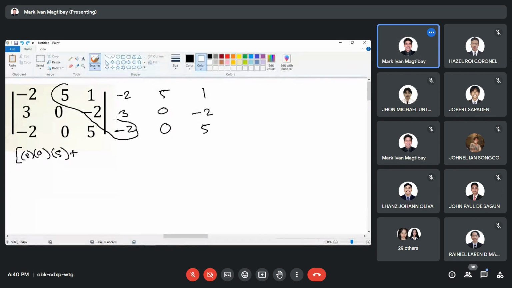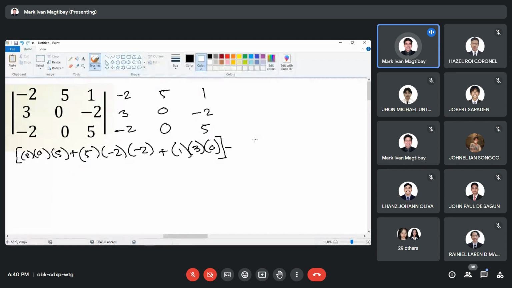Ayan, dito. Ayan. 5, negative 2, negative 2. And then next po, dito naman sa part na to. Okay? Plus 1, 3, 0. Okay? Minus yung other part naman. So, hindi ko lang masulat sa tagiliran at lalagpas kasi. So, dito ko na lang sa baba ilalagay. Okay? Yung pabalik naman. Itong part na to.